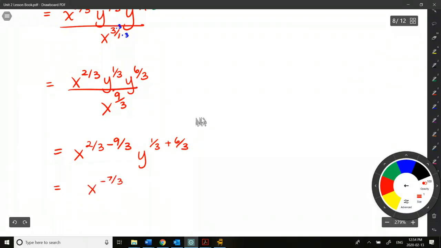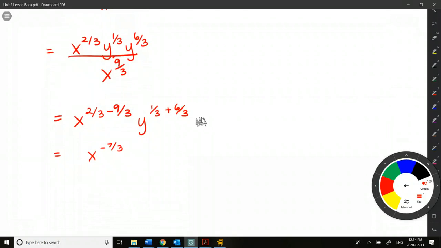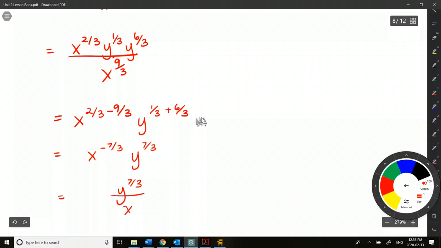So we have x to the negative 7 over 3 and y to the positive 7 over 3. And then we're just going to apply that negative exponent rule one more time and move the x with the exponent down and make it positive. So don't flip the fraction or anything like that. We're just literally taking this term, moving it to the bottom, and then you can change the negative to the positive.